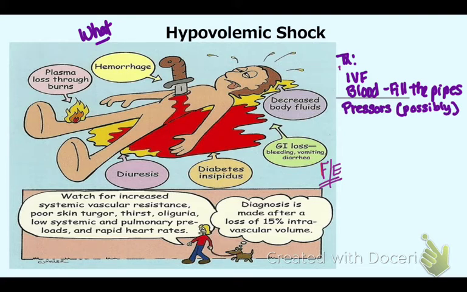So with hypovolemic shock, same thing. We need to get the fluid back to the organs, right? If needed. But again, we're still treating the underlying cause. If they lose a bunch of blood, we're giving them blood. So that is your hypovolemic shock.